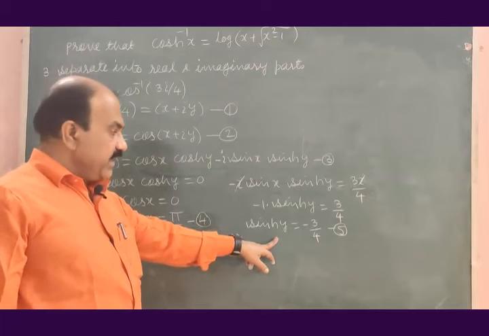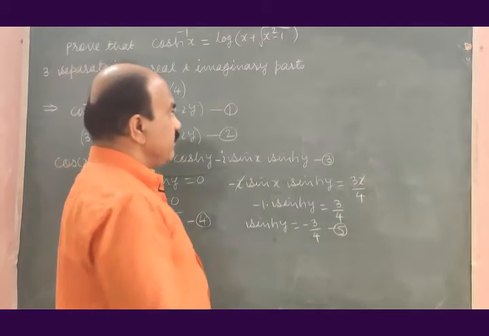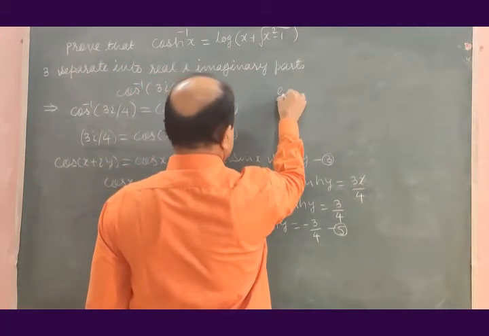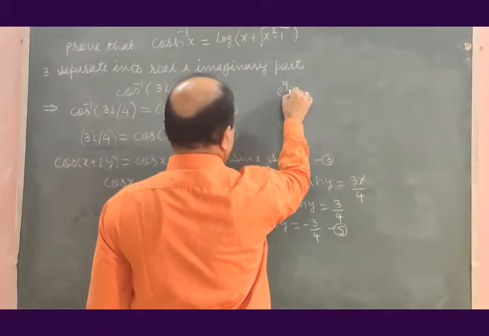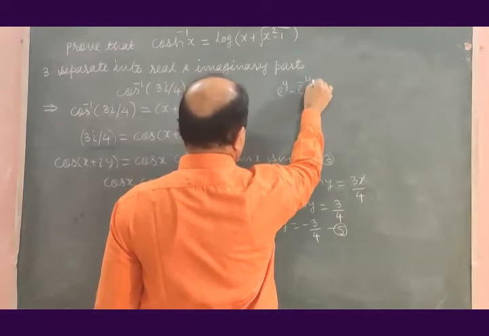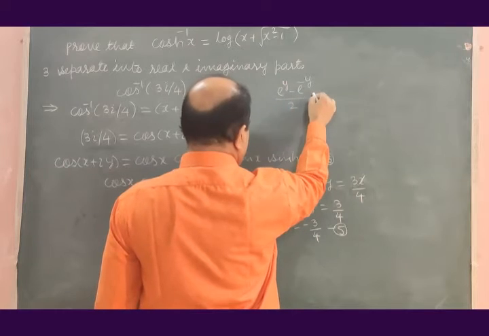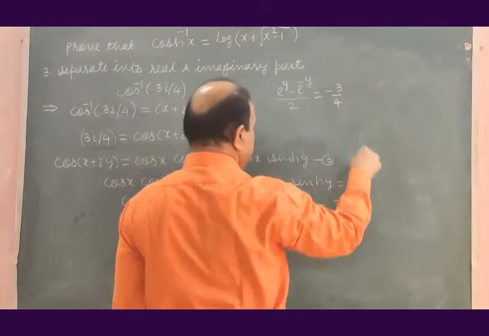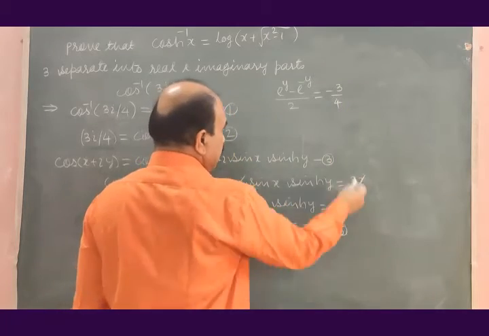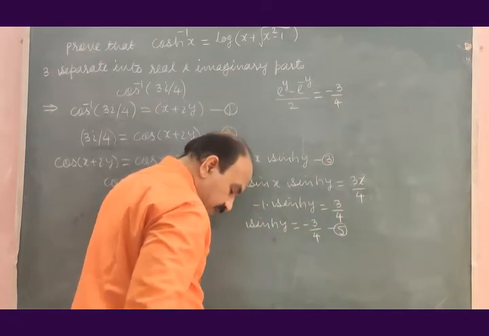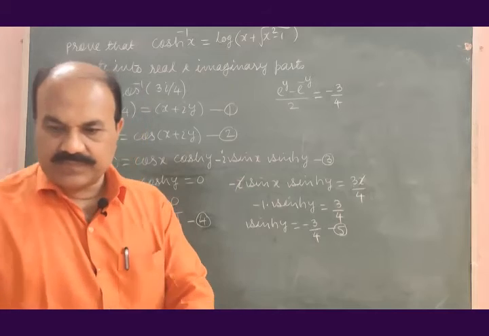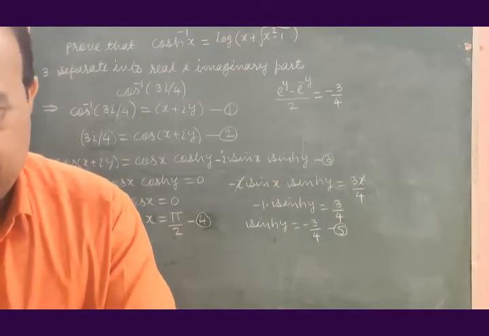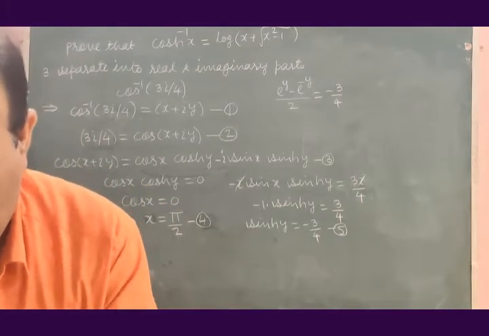Okay, then what is sinh y? It is this, e to the power y minus e to the power minus y divided by 2 is equal to minus 3 divided by 4. Bring this 3 by 2 this side.